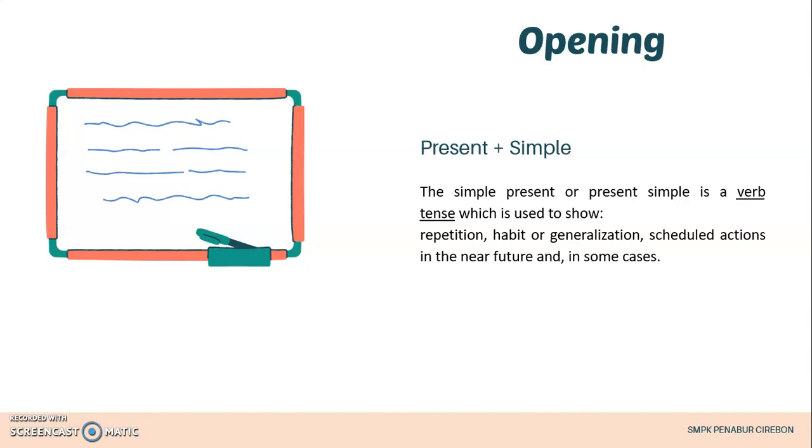The simple present or present simple is the verb tense which is used to show repetition, habit or generalization, scheduled actions in the near future and in some cases, and then the last one to talk about factual information and fact or fakta.